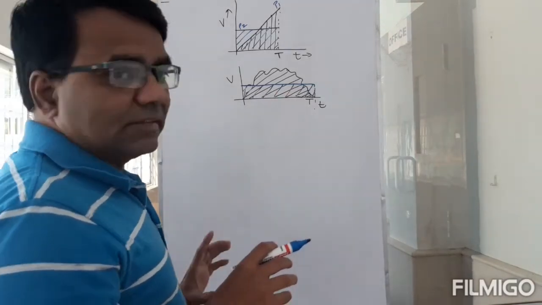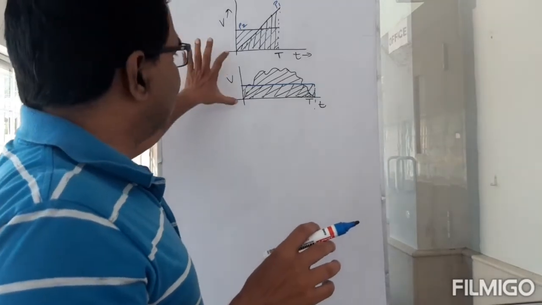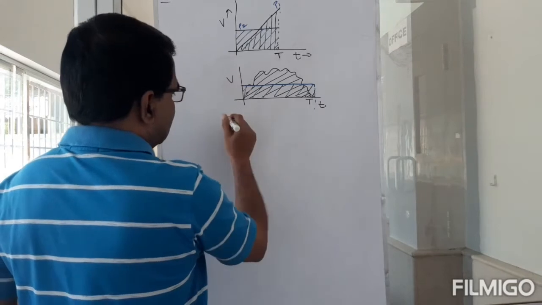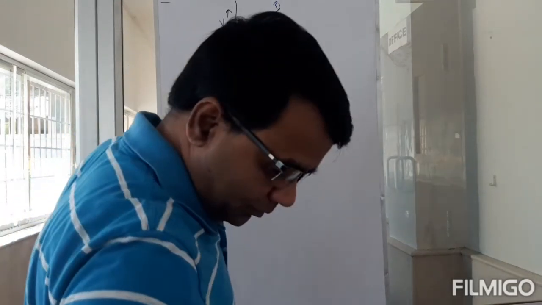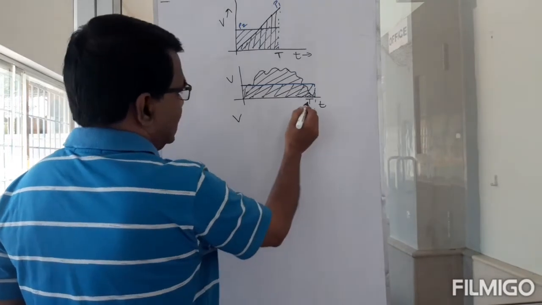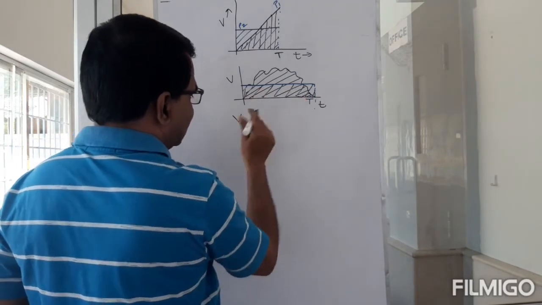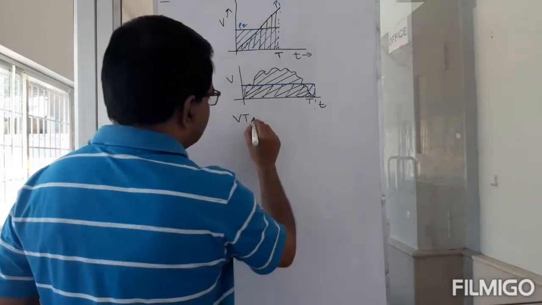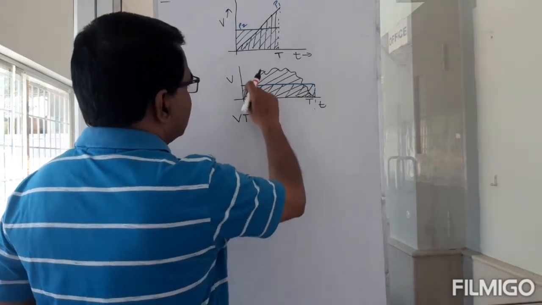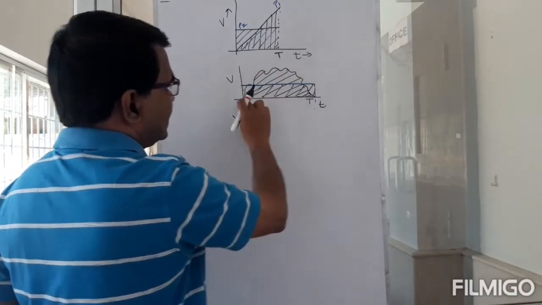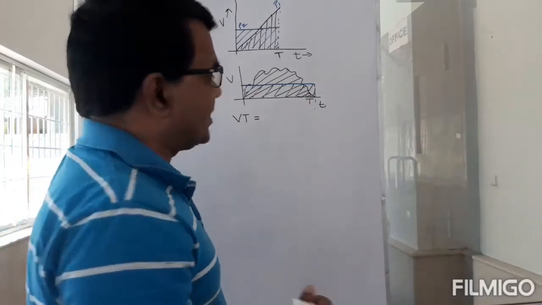So the first thing is that if I want to find the mean speed, what do I know? I know that this mean speed V, into this time, the same time, Vt must be equal to this area, because this is a very straightforward calculation. It's just a rectangle.